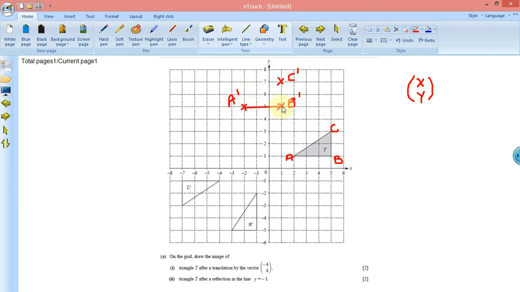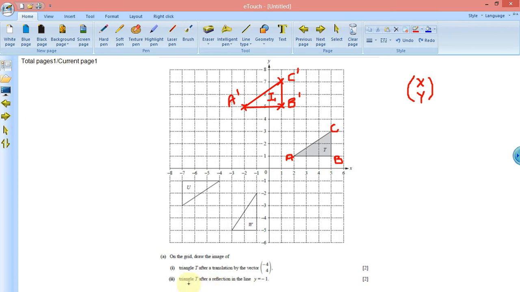So join A prime to B prime, B prime to C prime, then A prime to C prime. So that gives all the image. So let me tag that, and since I'm through with question 1, let me just tag it I1. So I1 is the image for translation.